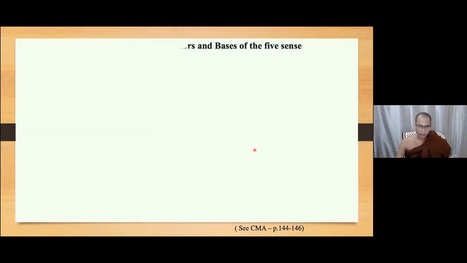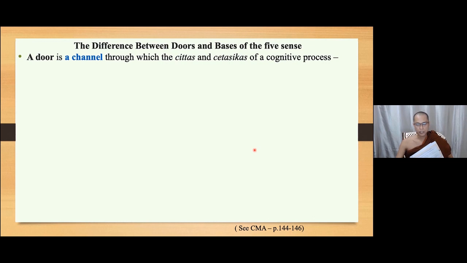And okay, finally, we have already finished the 2 compendiums. You just need to make the comparison. So here, the difference between doors and base of the 5 things. What is a door? A door is a channel, the channel through which the citta and cetasika of the cognitive process gain access to the object.